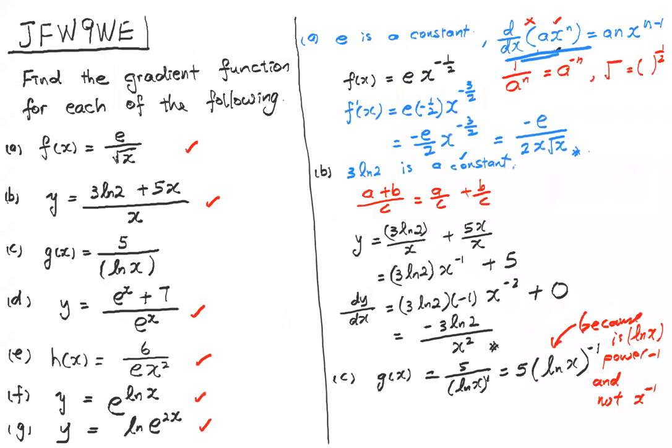That is y equal to ln e to the power of 2x. So we are applying this formula first. That is ln of a number to the power n, I can say n times ln of that number. Am I right?